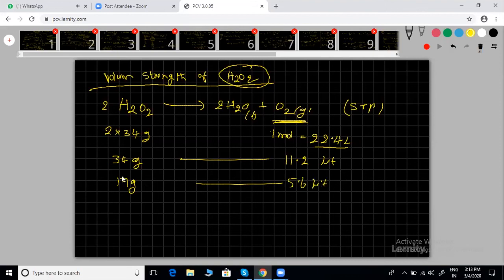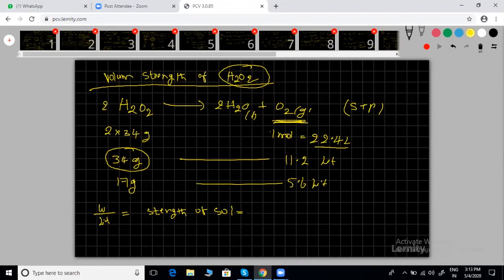Now we know that suppose 34 grams is dissolved in 1 liter of solution. What we call weight per liter is nothing but the strength of solution. Can I say that? Strength of solution is nothing but gram per liter. That's what we call strength of solution.